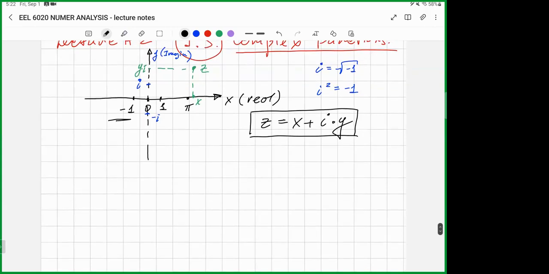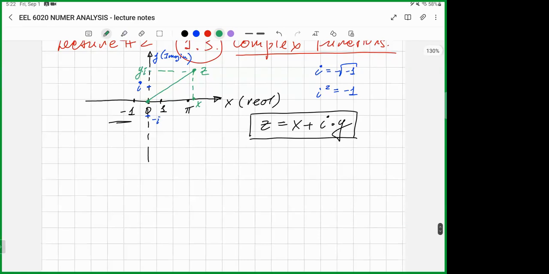So let's consider another representation, which is called the polar representation. To do so, let's draw a line from the origin to this point z, and the distance from the origin to point z is denoted by the absolute value of z.